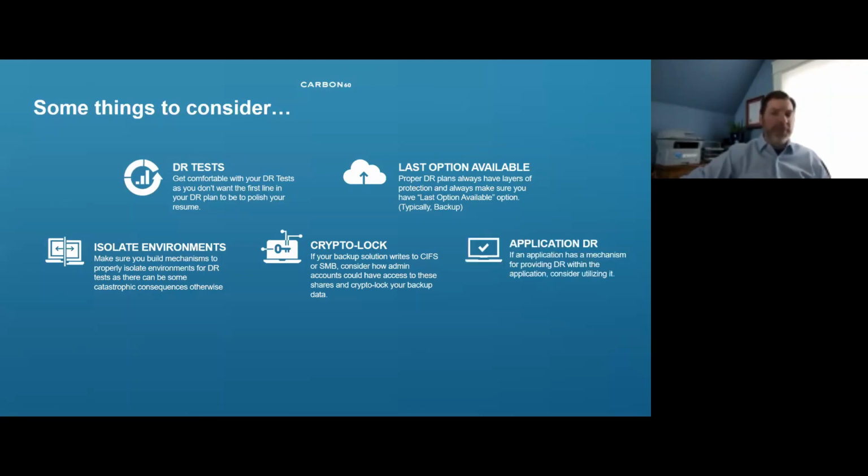Another one is application DR, talking about the pets versus cattle. If an application has a mechanism for providing DR within the application, use it. I've witnessed before the example of AD is a perfect example. AD, depending on the topologies that you have from a network perspective, whether it's layer 3 or stretch layer 2, the reality is you put a live AD server in your DR site.